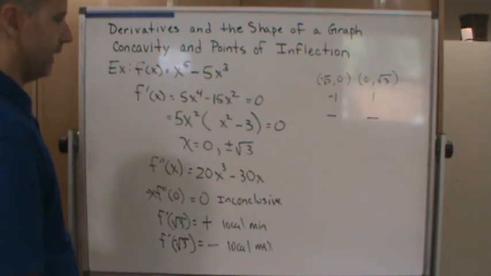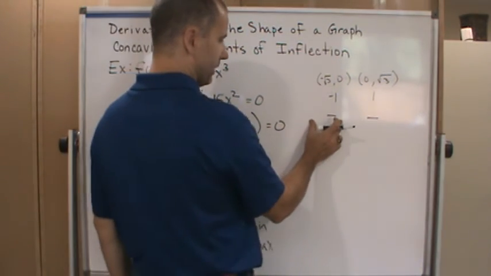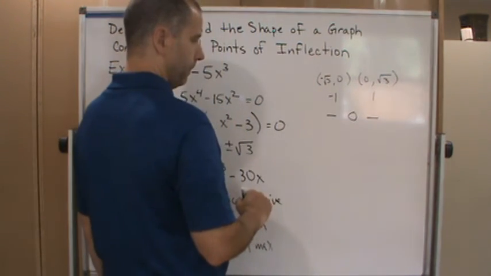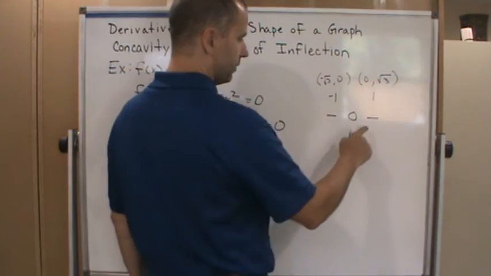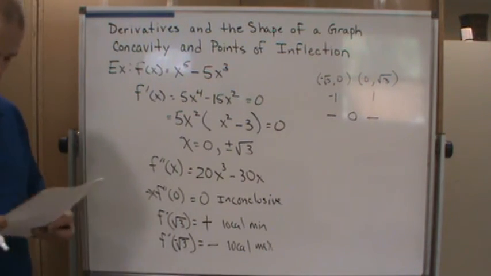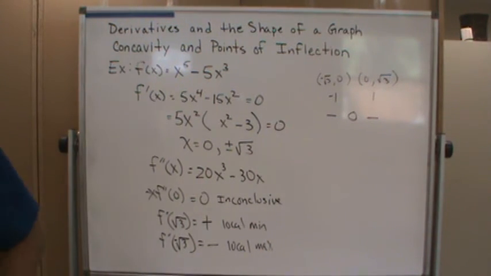So what happens? It's decreasing, and then at 0 it continues to be decreasing. So it's decreasing on both intervals, and so there is no local extrema at x equals 0.